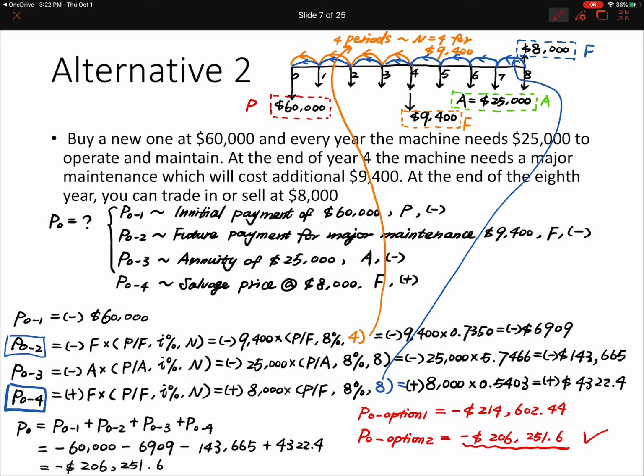Okay, so this is a very typical question when it comes to real cash flows in real life, and you have multiple cash flows for each option, and you want to compare which one is the better solution. And this problem is only about the cost, so you want to choose the less negative one because you're going to pay less.